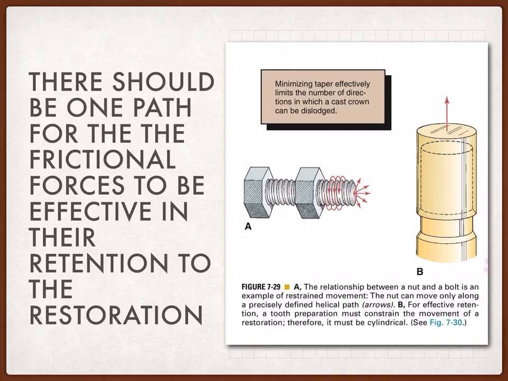Or let's imagine another thing. Let's imagine if a part of the bolt is fractured from the small end, the nut will be easily displaced, of course, because it has now a free movement, another path of displacement rather than the single path of placement and displacement that it has.